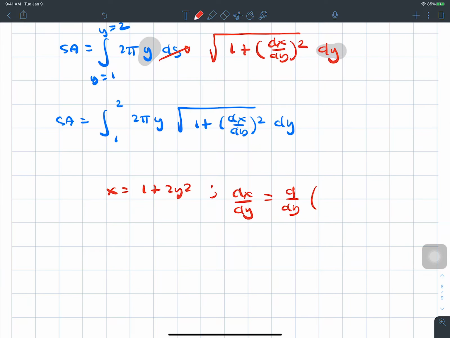Dx/dy becomes 4y. So if I square this, we get 16y squared. And you say, okay, let me add 1 to this dx/dy squared. I get 1 plus 16y squared. And you say, but we really need the square root.